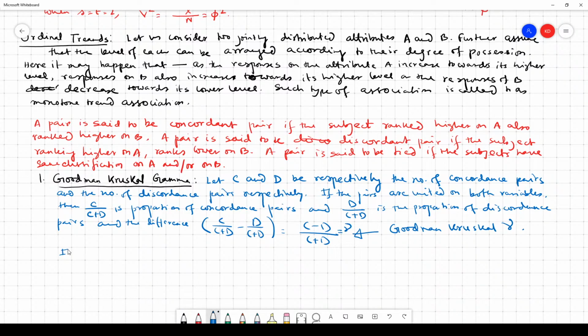If gamma is greater than 0, this means C minus D by C plus D is greater than 0, that is C by C plus D is greater than D by C plus D. This means characters A and B have the positive association.